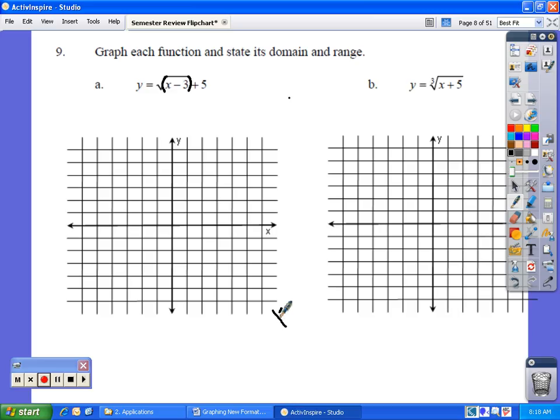remember, we like to see a little table of values. Make sure you use at least about 3 points in your table so that it'll give you a nice graph.